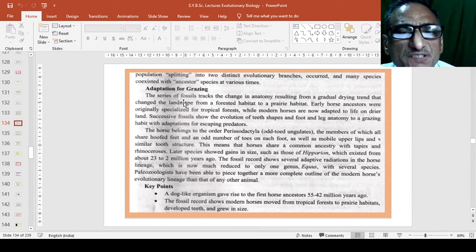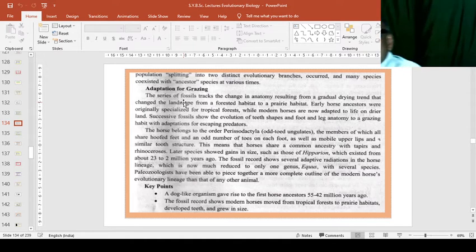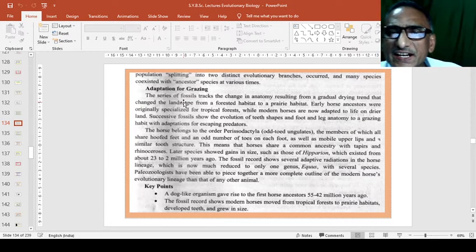Adaptations for grazing. The series of fossils tracks the change in anatomy resulting from the gradual drying trend that changed the landscape from a forested habitat to a prairie habitat.